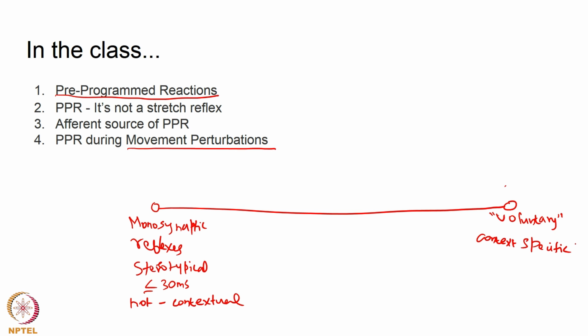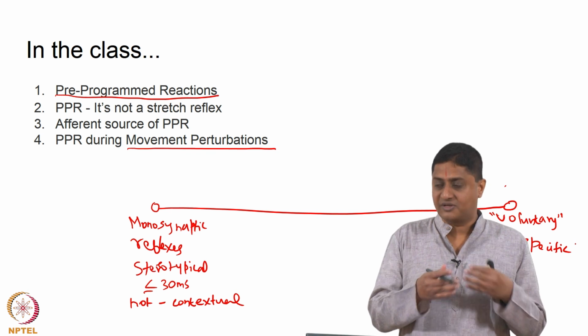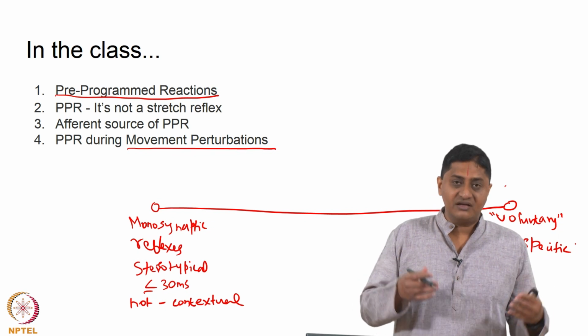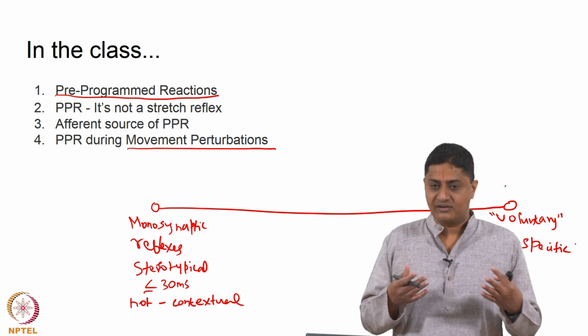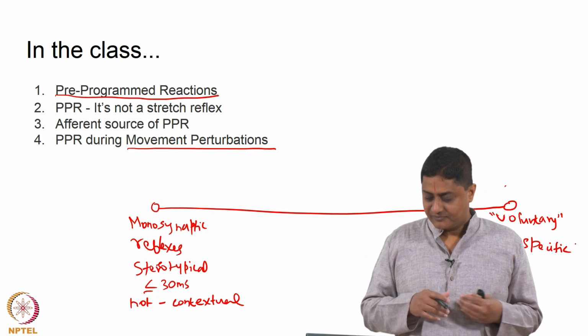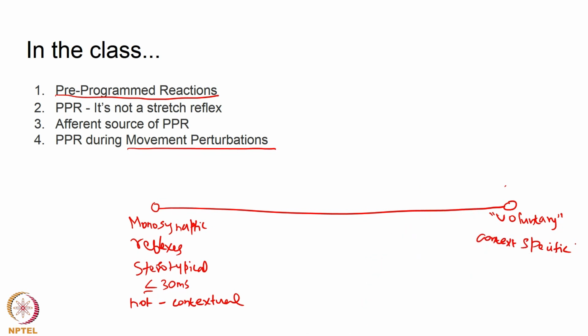The response will scale very nicely with perturbation amplitude. Depending on the perturbation the response will come. If the perturbation is of great amplitude, the response will vary greatly when compared with a smaller perturbation and so on. Usually the delays are greater than 100 milliseconds, actually around 150 to 200 milliseconds, very context specific and not stereotypical.